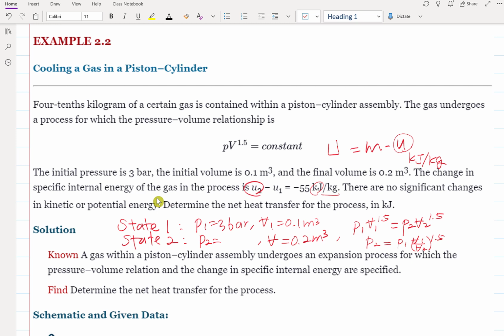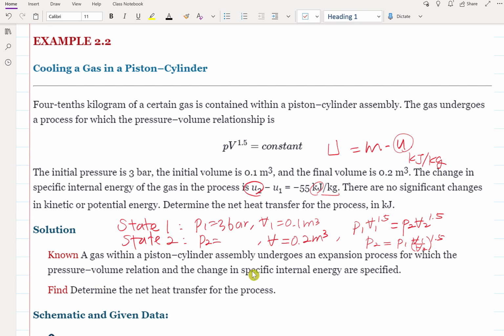Just a stationary system. Determine the net heat transfer for the process in kilojoule. So what is known is we have a piston cylinder system and gas is within the system. It undergoes an expansion process.